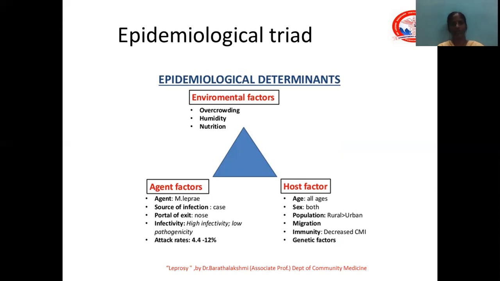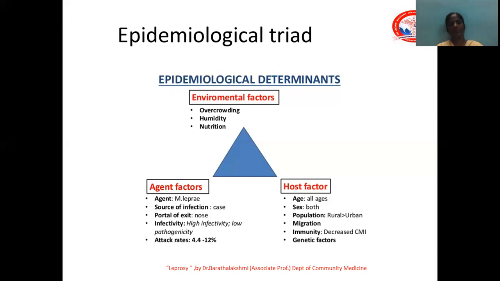As we all know, the agent is a bacilli, Mycobacterium leprae. The source of infection, a person from whom they can get the infection, is an affected case. A case of leprosy forms the source of infection. The portal of exit is through direct contact, the skin surface itself, or the nasal secretions.